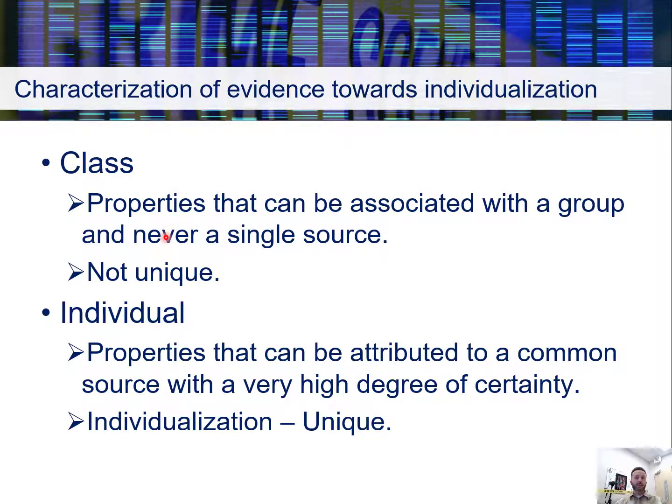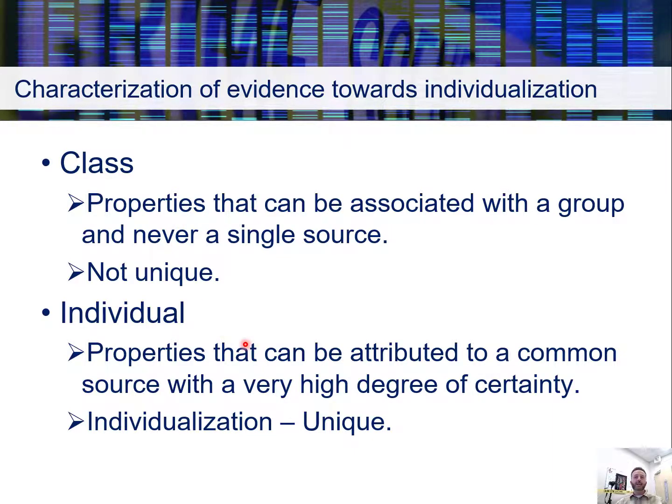All the items in that group will be identified by comparing their class characteristics with those of known standards according to previously established criteria. However, given that these class characteristics can be found in other objects within the same group, they are not unique.